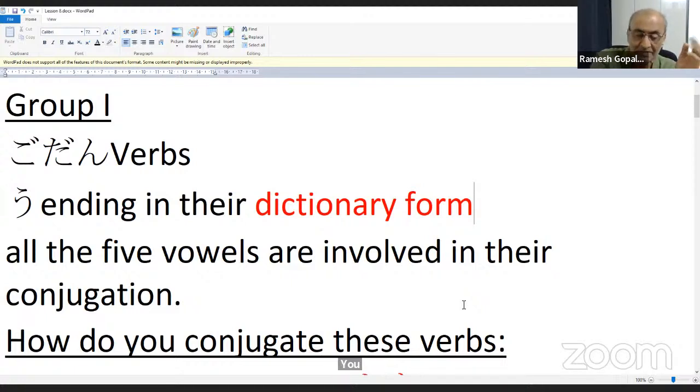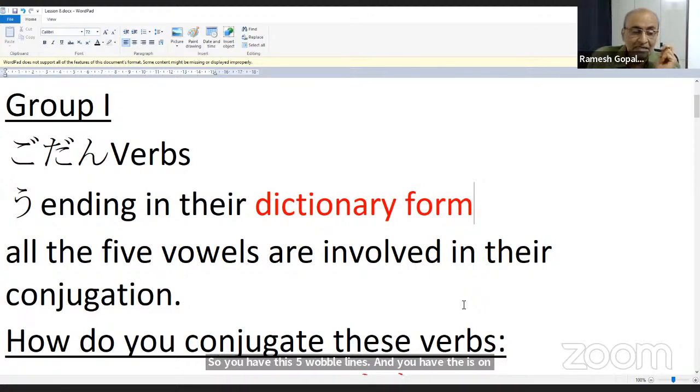I'm not reading all that. Under E, you have Ke, Se, Te, Ne, He, Me, Re. Under O, it is Ko, So, To, No, Ho, Mo, Yo, Ro, O. And of course Go, Zo and the rest are there. So you have these 5 vowel lines: the A sounds, I sounds, U sounds, E sounds and O sounds.